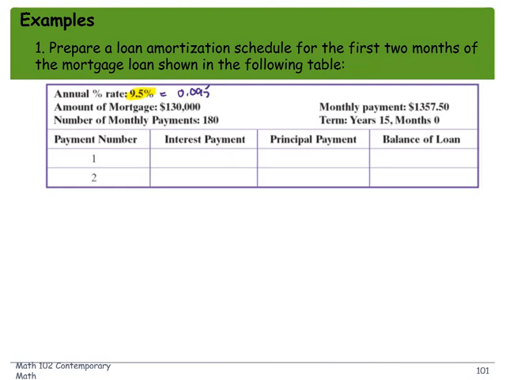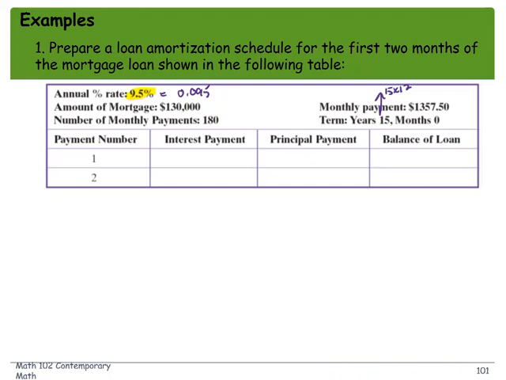The amount of the mortgage is $130,000. The monthly payment is $1,357.50. The number of monthly payments will be 180 months, since the term is 15 years, 15 times 12.